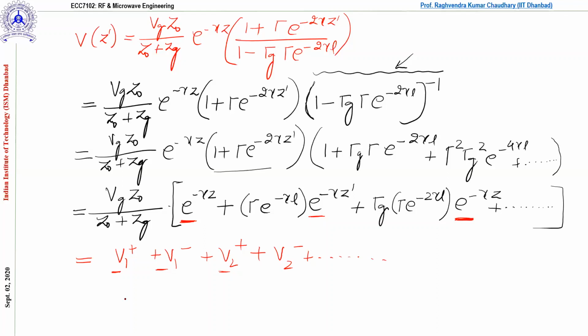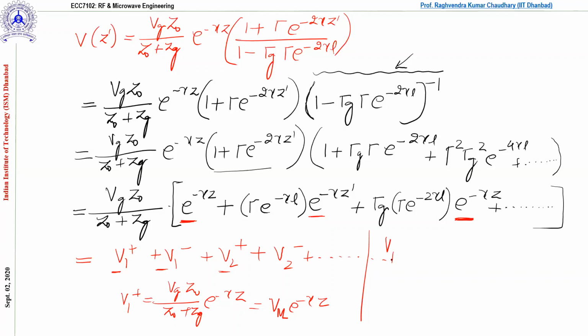So here the V1 plus is actually Vg Z naught over Z naught plus Zg e to the power minus gamma, or we can also write Vm e to the power minus gamma. Fine.